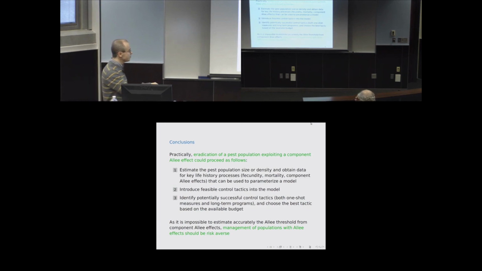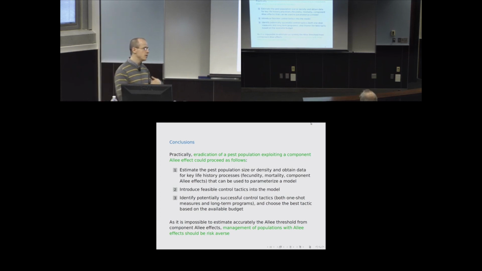And this last information is about the last part of the talk, when I showed that we have some problems in estimating the right value of the Allee threshold, so we need to keep it in mind and shape our management such that it is risk averse.